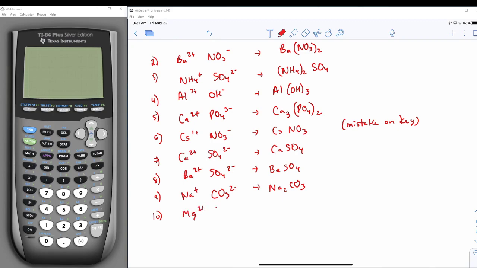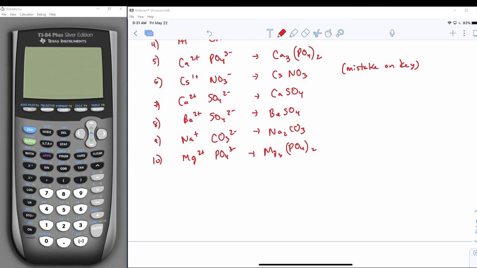Magnesium phosphate is 2 plus and 3 minus, so we need 3 Mgs and 2 phosphates. And then calcium is that same idea here, 3 calciums, 2 phosphates.